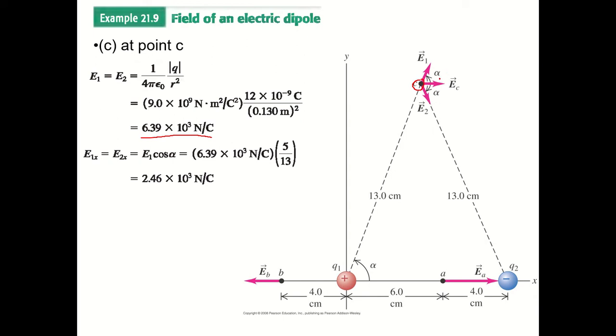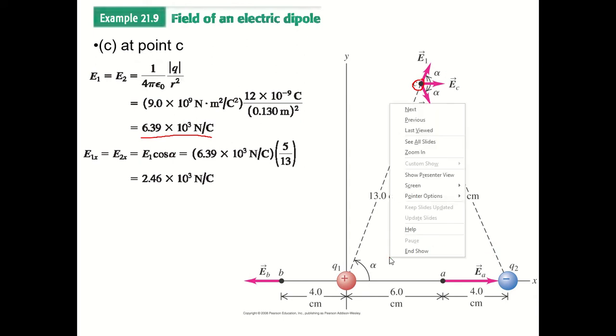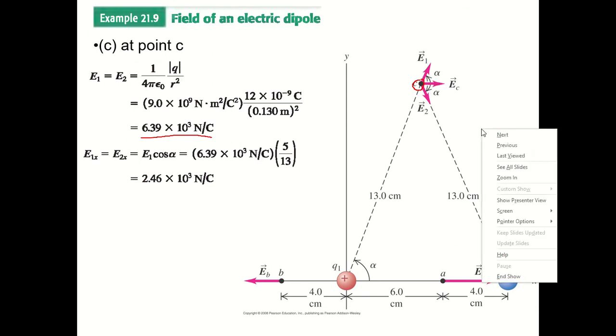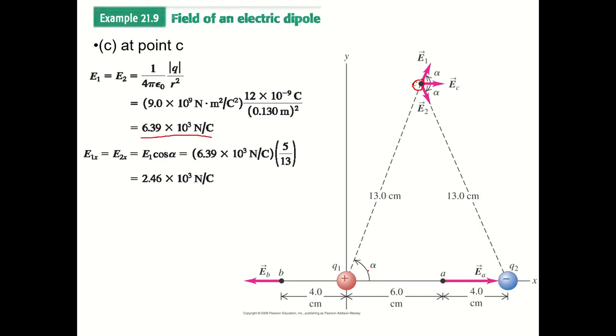This angle here is also the same as the angle here, also alpha. And if this is alpha, this is also alpha here. The angle here is alpha.